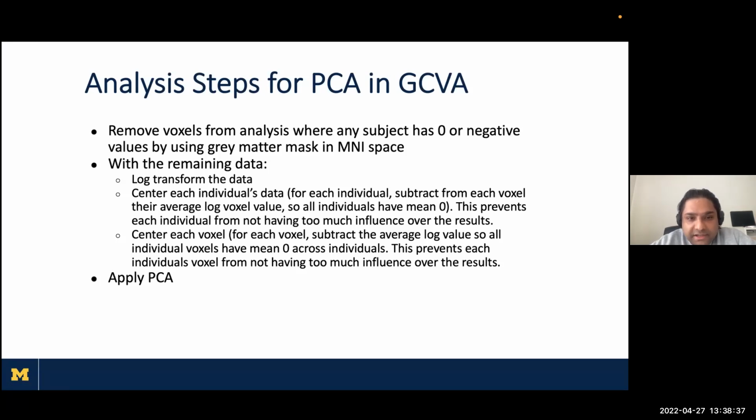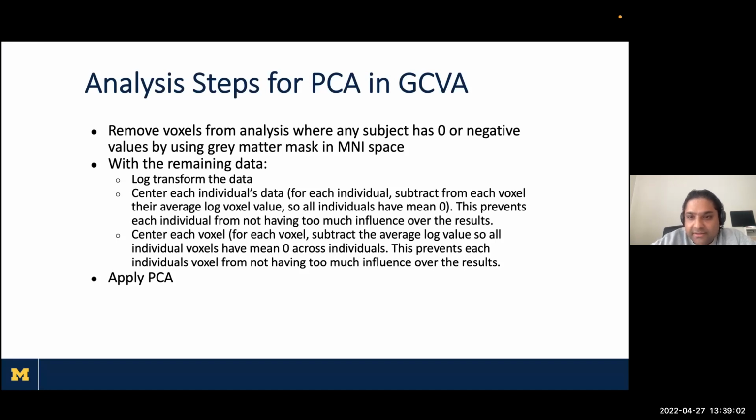Then what we do with the remaining data set is log transform the data, so we apply log to each voxel. And then we center each individual's data. That means for each individual voxel within a subject, we subtract the average log value, so all the individuals have a mean of 0.